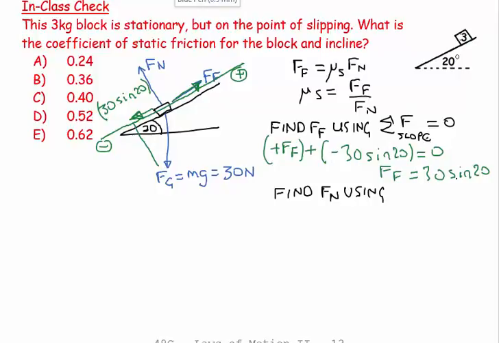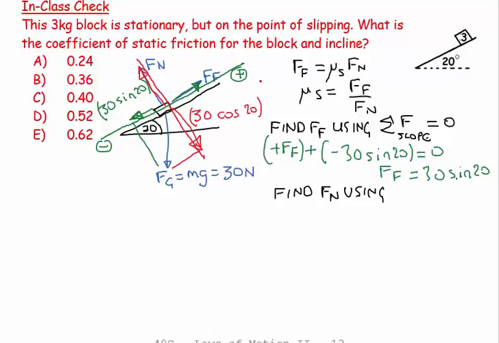So I'm going to do this in red. I'm going to pick that axis there, perpendicular to the slope. That means I have a downwards component, and this would be 30 cosine 20 from my trig, and then Fn, of course, is along this line.